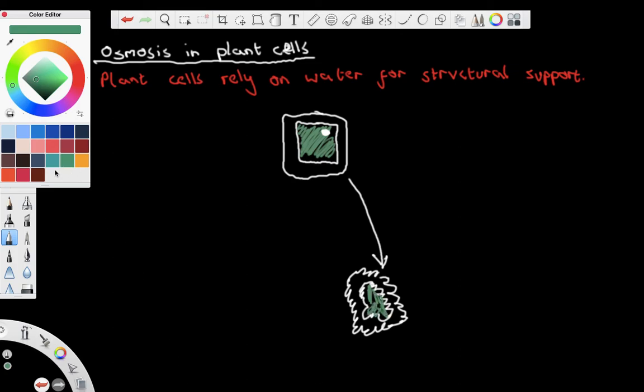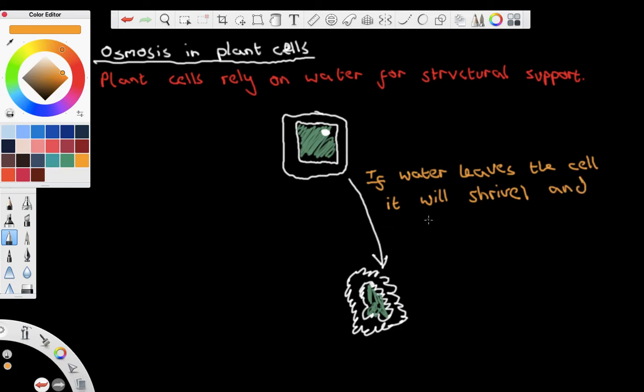We can say, next to this arrow, if water leaves the cell, it will shrivel and die, exactly like we said with the animal cell. So we can put down here next to this cell, shriveled plant cell.